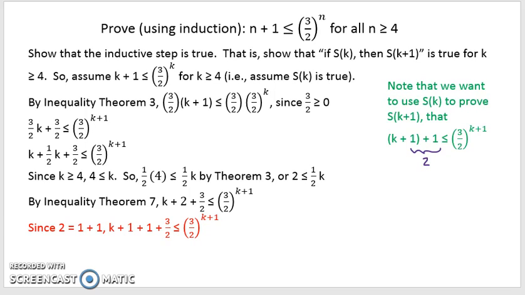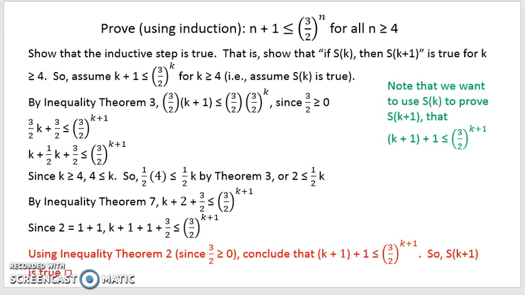So I know that k plus 1 plus 1, but we also have our 3/2, is less than or equal to 3/2 to the k plus 1. And now this is where those inequality theorems are so useful. What we have is that k plus 1 plus 1 plus 3/2 are all less than or equal to 3/2 to the k plus 1.